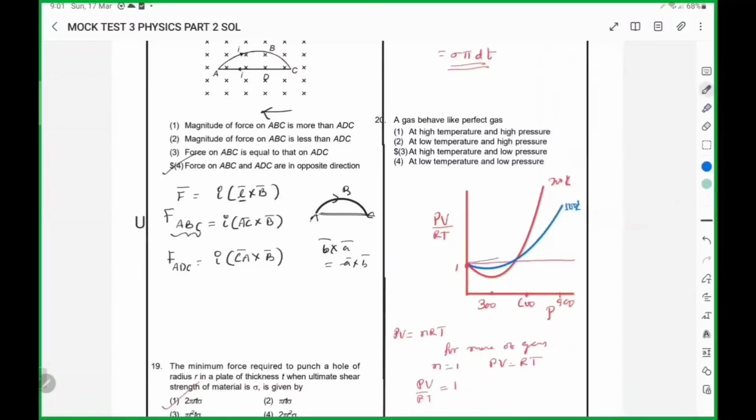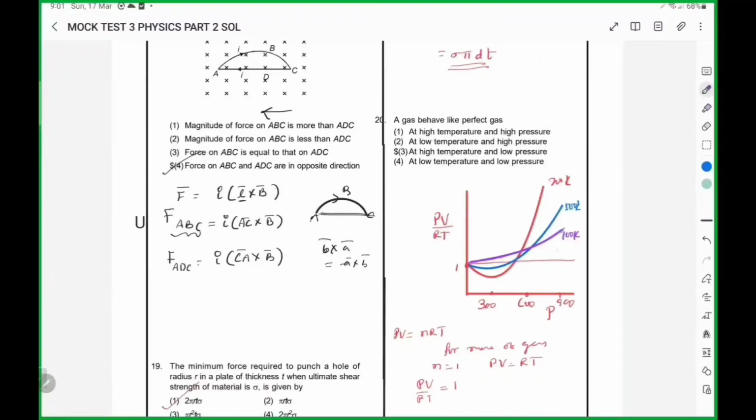So what they observed is like this, which is 1000 Kelvin. So this graph is closer to the ideal gas behavior. This is valid at higher temperatures, and at lower pressures it will be closer.